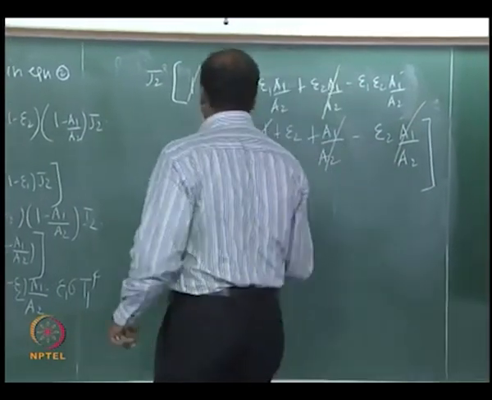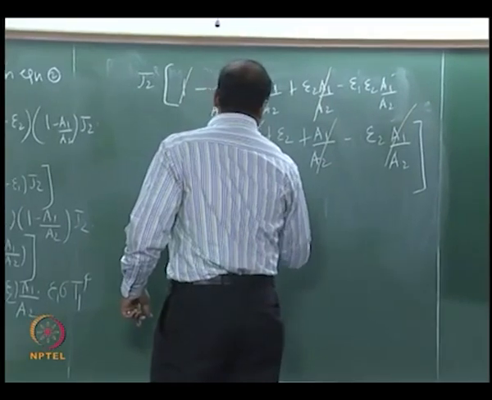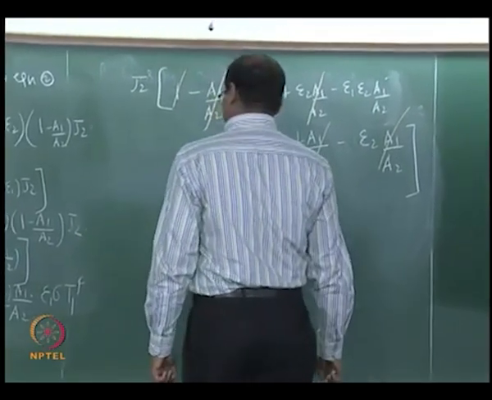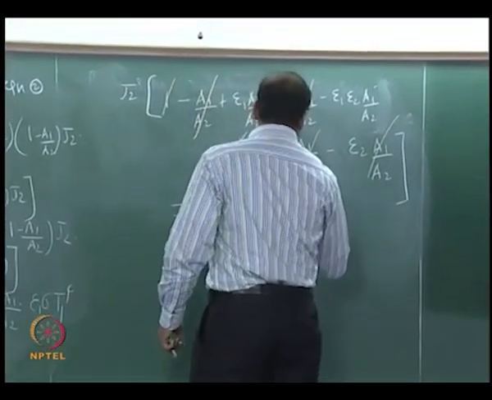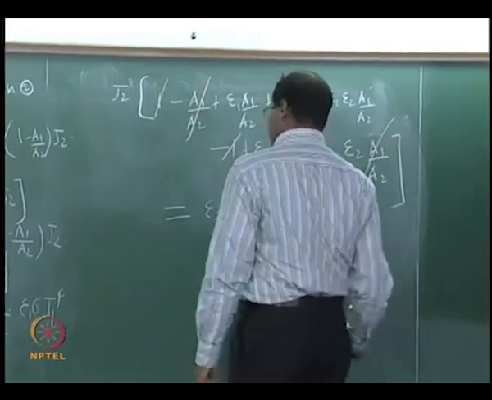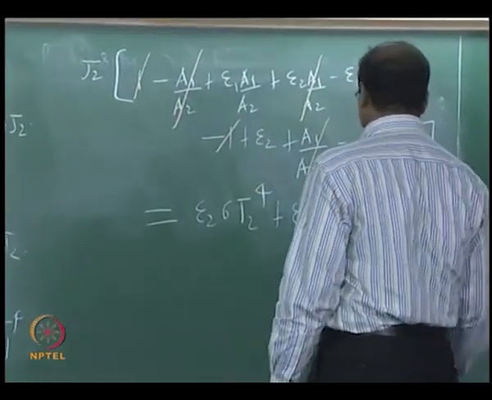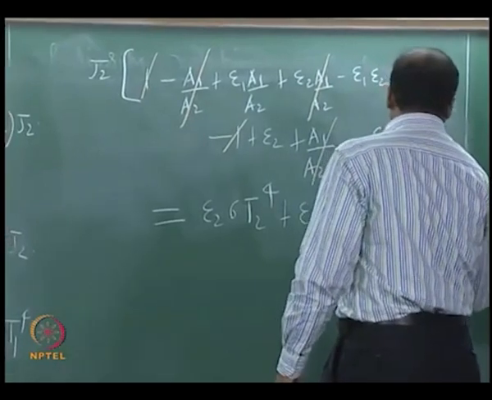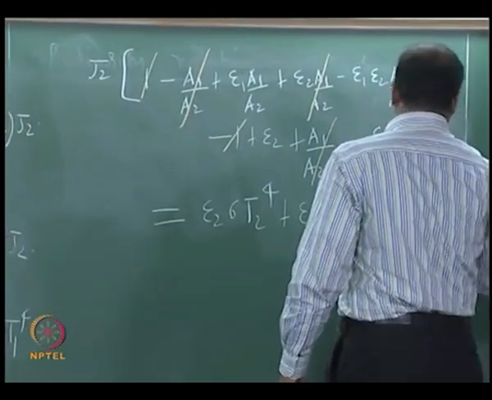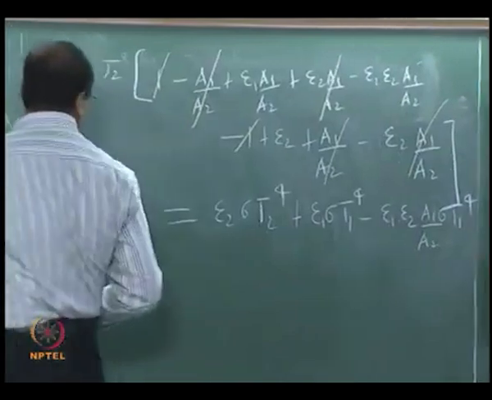Right side, epsilon 1 plus minus epsilon 1 epsilon 2 A1 by A2, very good. It is very similar to what we got previously, right?